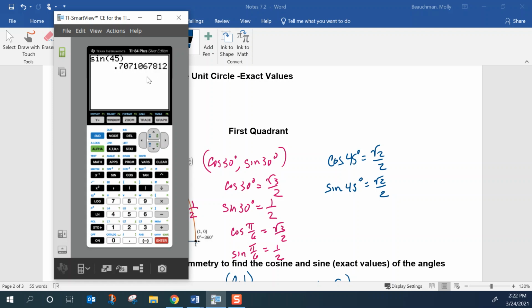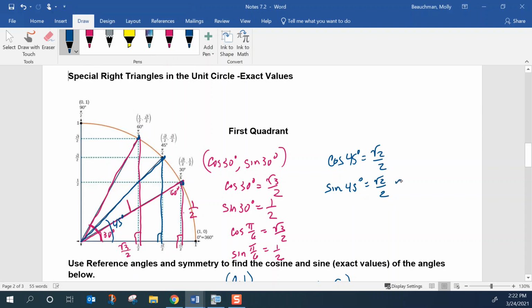What we'd like to do is use the exact value so you don't have to round. The cosine of 45 is exactly the square root of 2 over 2. The sine of 45 is exactly the square root of 2 over 2. The decimal approximation is about 0.7071. So when your homework asks for exact values, leave it in terms of square root. If it asks you to round, use the calculator.